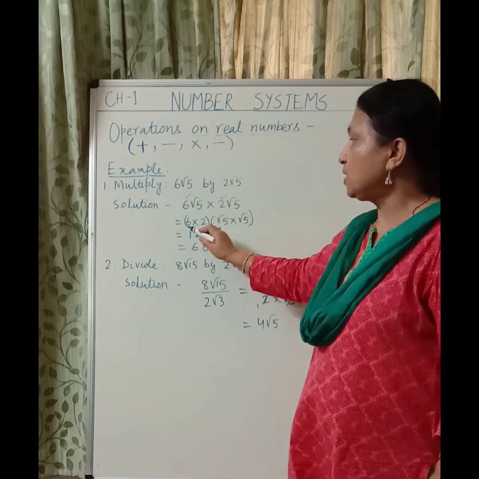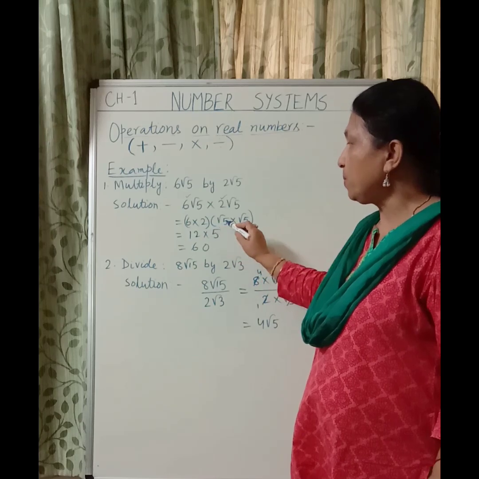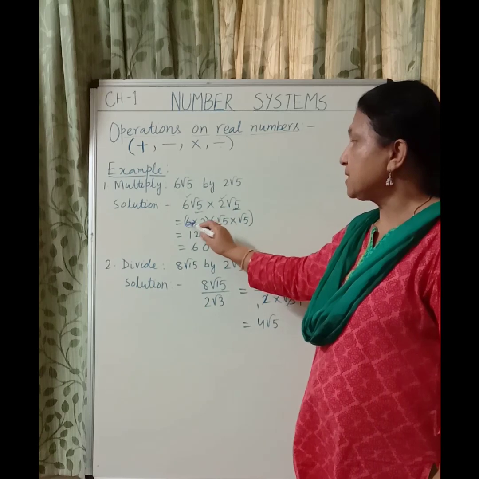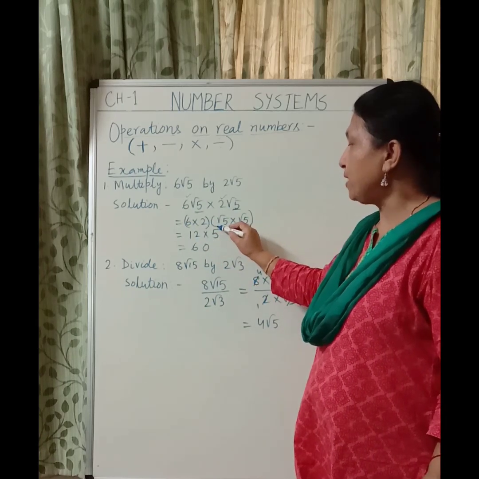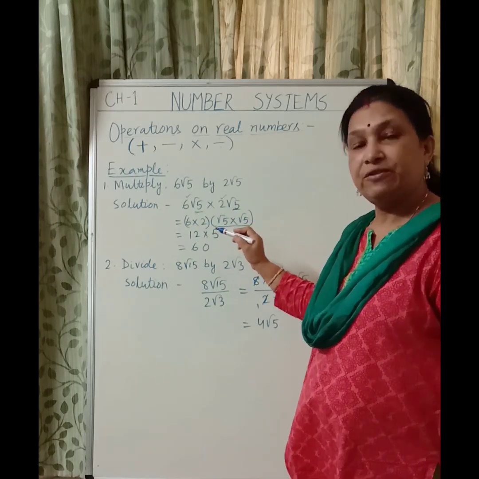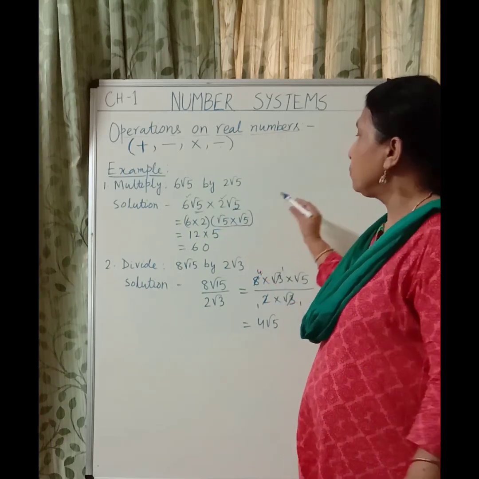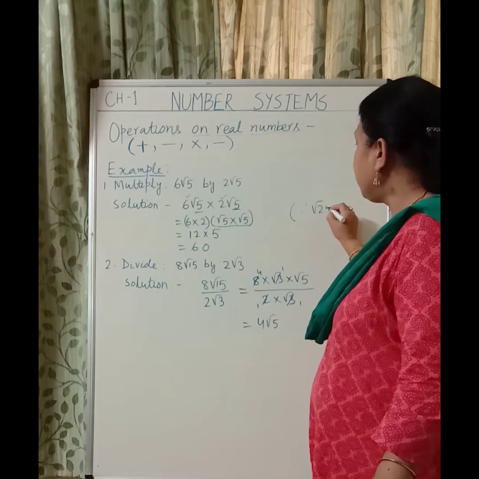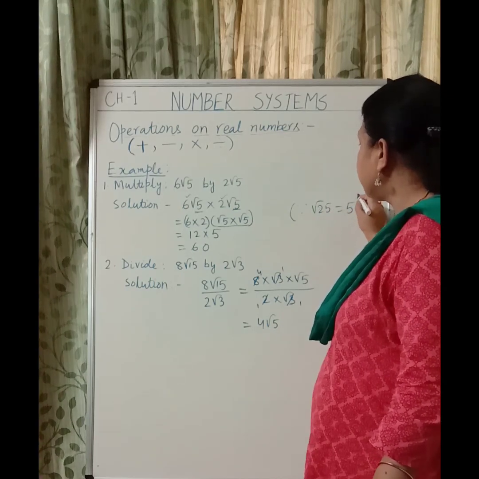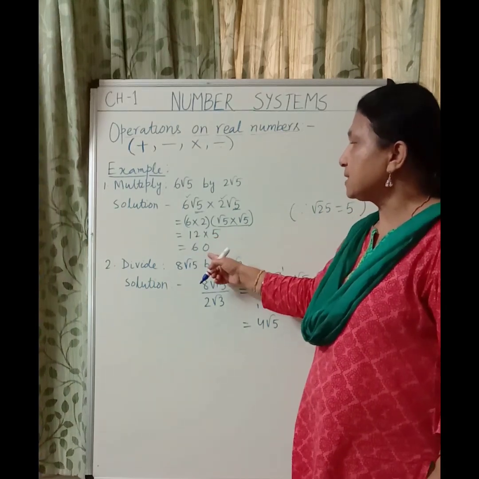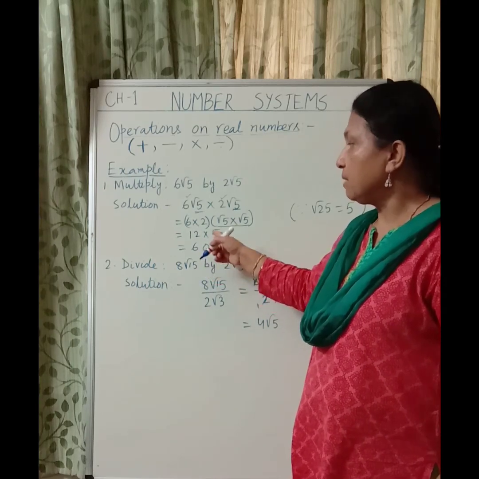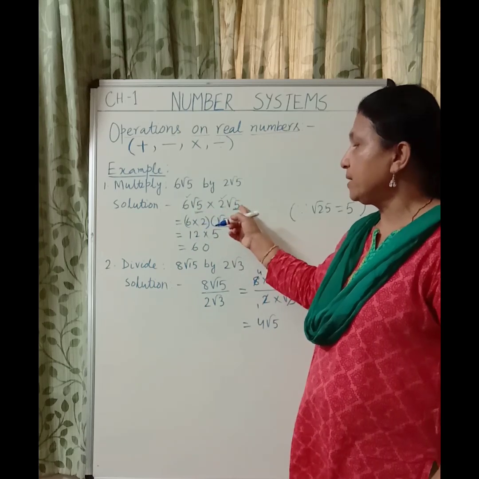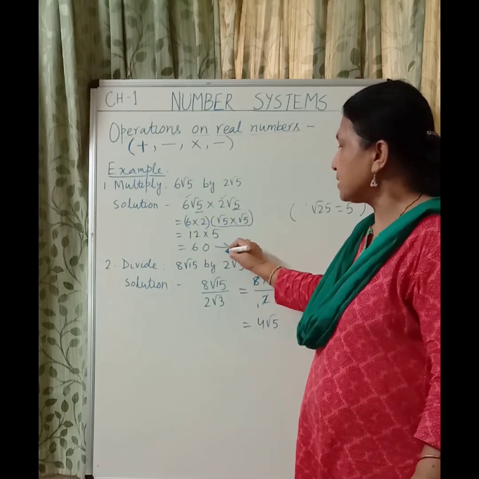So first 6 multiplied with 2, then root 5 with root 5. 6 twos are 12, and root 5 into root 5 is root 25, which is 5. So 12 fives are 60. We are getting a rational number. When two irrational numbers are multiplied, we can get a rational number.